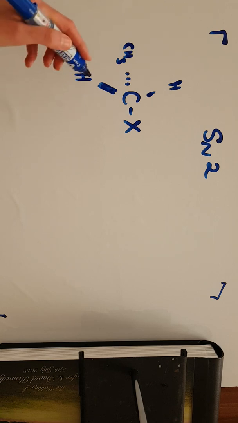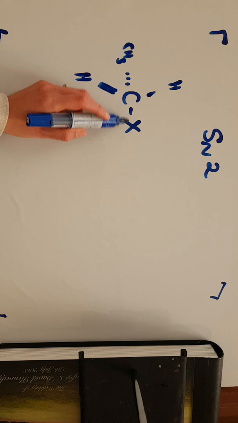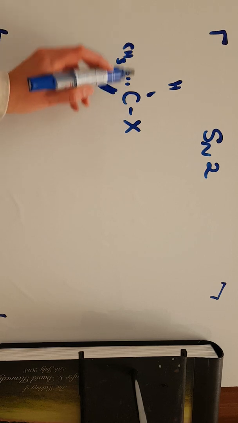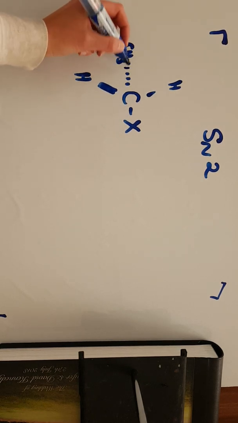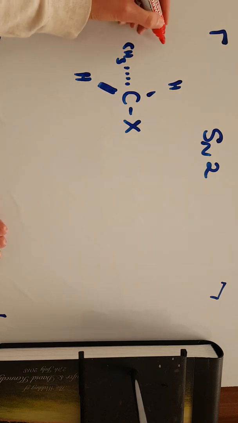Okay, I know this is a primary haloalkane because the carbon that's bonded to the halogen is only bonded to one other carbon. Okay, so what happens is the nucleophile comes along, and that nucleophile could be the hydroxide, it could be the ammonia, it could be the cyanide. So I'm going to choose hydroxide.